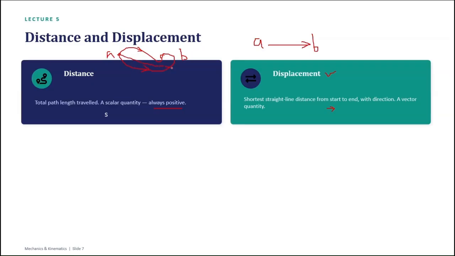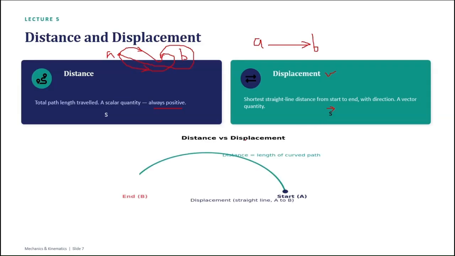For example, this path. So distance has no direction, so it is scalar and it is always positive. Displacement has a direction, so it is a vector quantity, and we can represent displacement by the symbol S with an arrow above it. Okay.